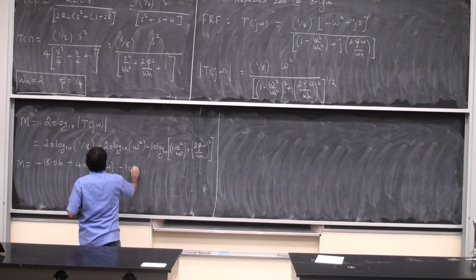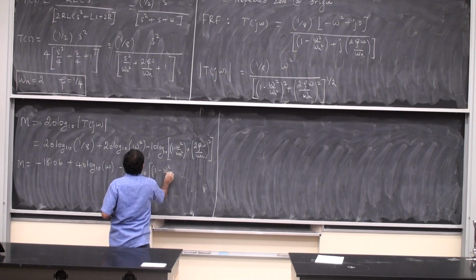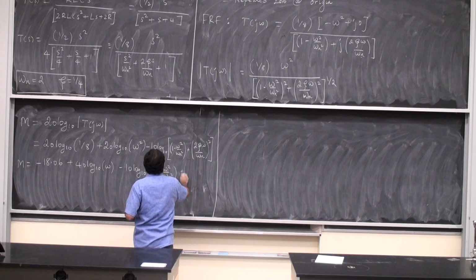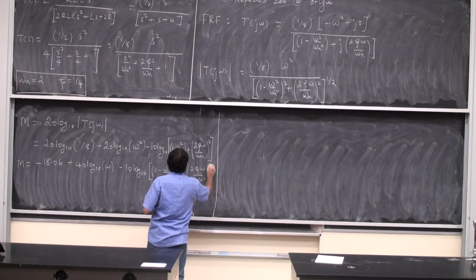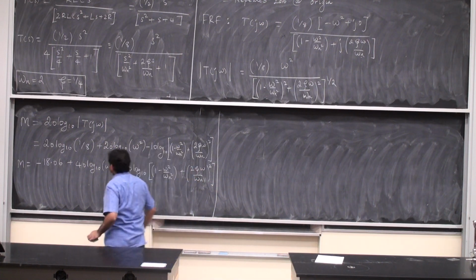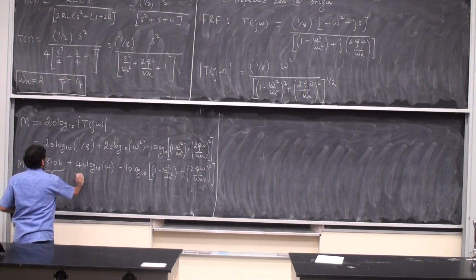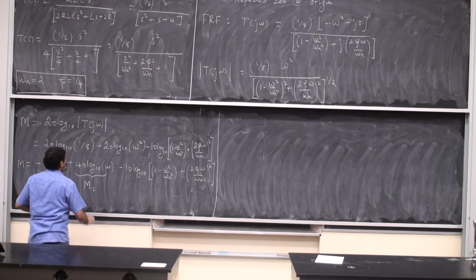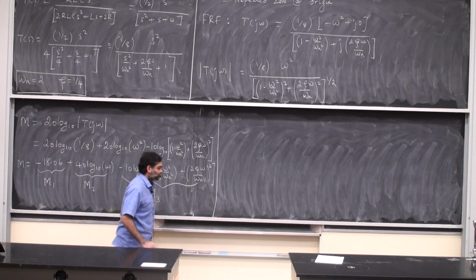So that's minus 10 log 10 of the rest, plus, and as usual I call these M1, M2, M3.